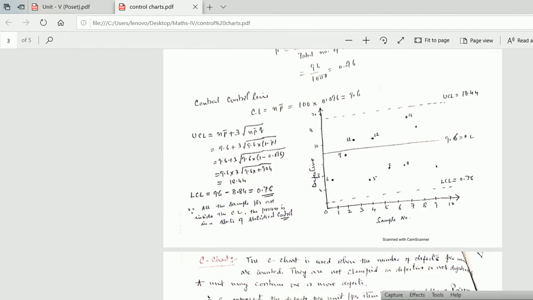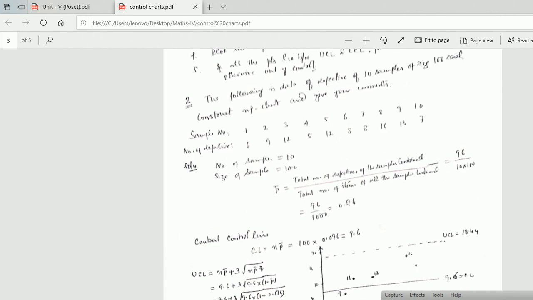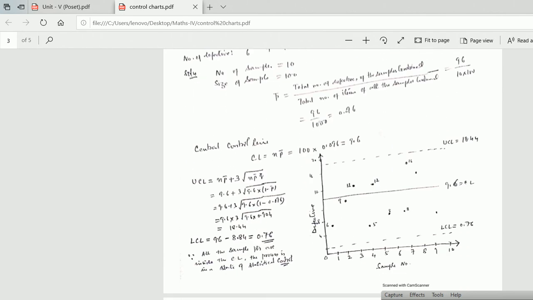Now see upper control limit. The formula: upper control limit is equal to NP bar plus 3 under root NP bar into 1 minus P bar. NP bar we have got 9.6, plus 3 under root 9.6 into 1 minus P bar, and P bar you have got here 0.096.